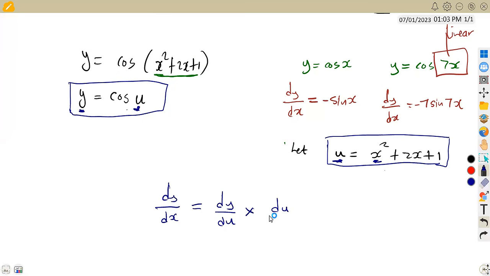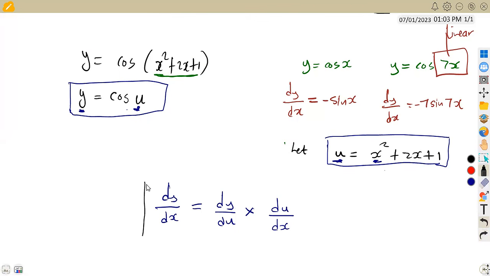If you cancel du, because it's a multiplication, you remain with dy dx. So to obtain dy dx from this formula, we must have a function of u from the function of x that we had before.